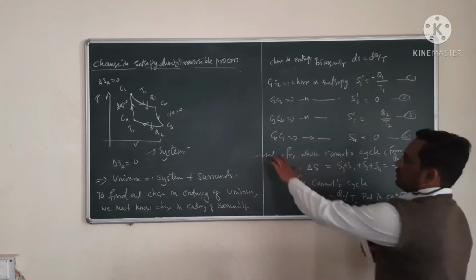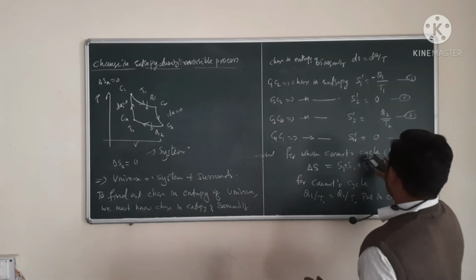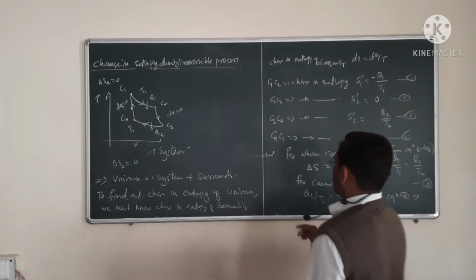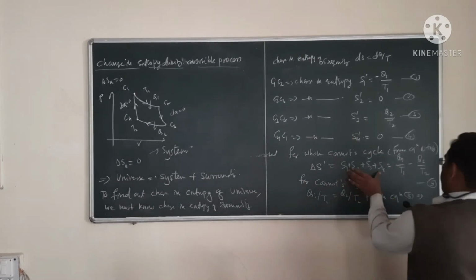Now last, during C4 C1, the change in entropy S4 dash is 0. For the whole Carnot cycle, the change in entropy of the surrounding delta S dash, again we will have to add.